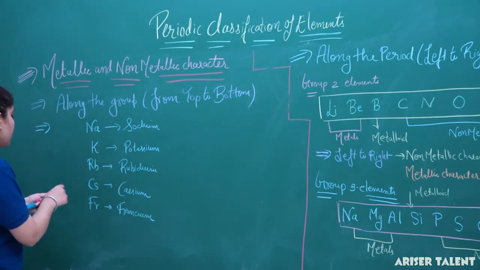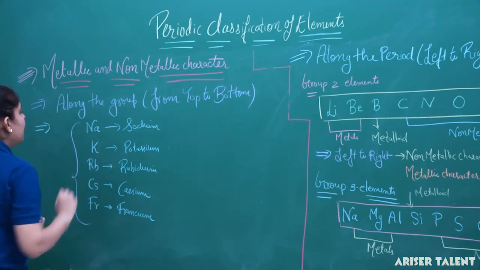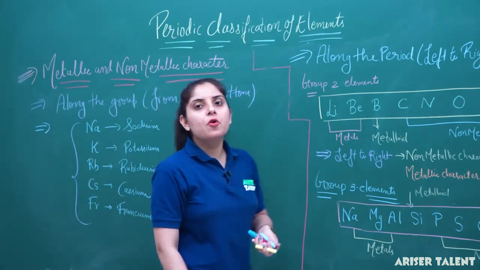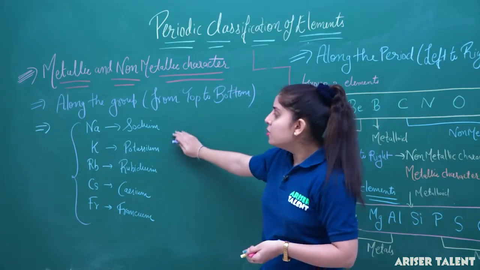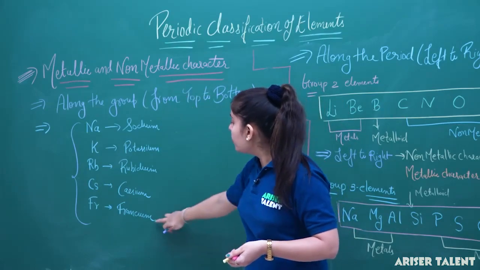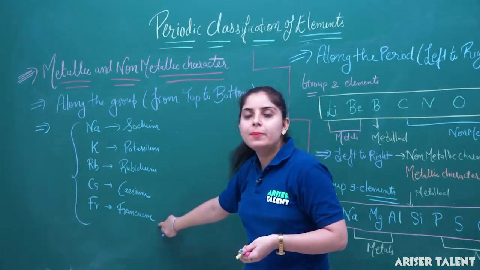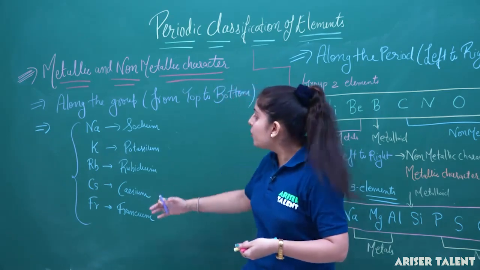So these are the list of the elements we have in our group. Now what you will observe from this, as we are going from top to bottom in the periodic table, sodium is a metal, but if I am going from top to bottom, you can see that cesium and francium are present here. So francium is more metallic as compared to the above elements.